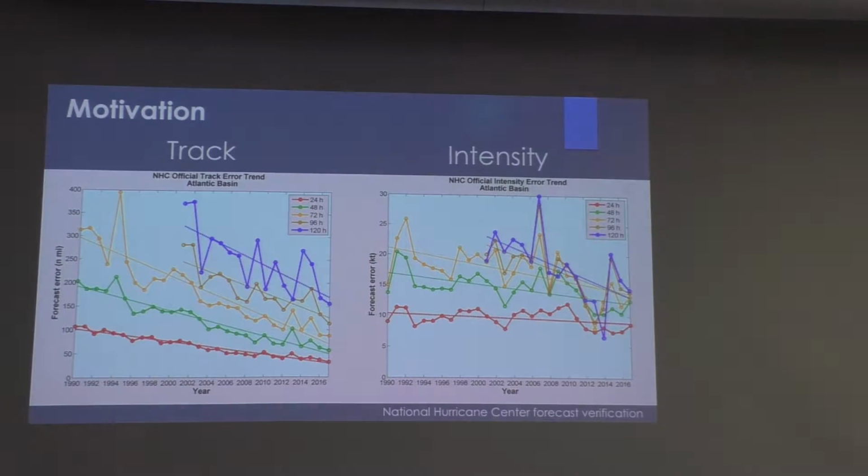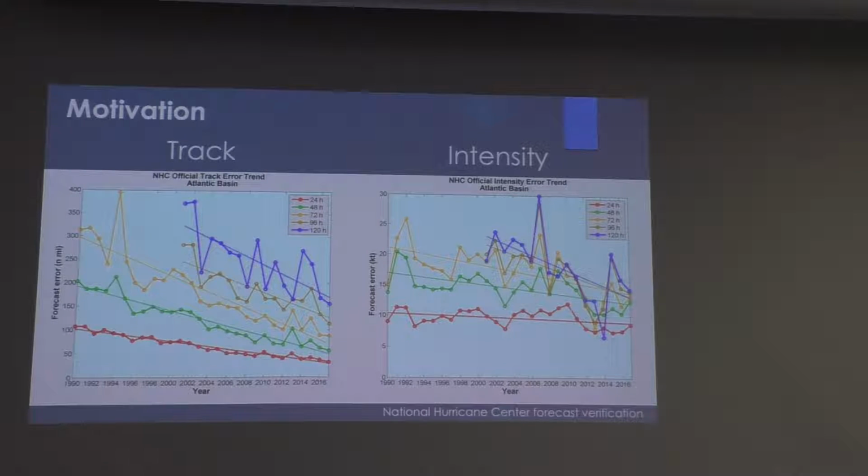But what I'm going to be talking about today is more motivated by the fact that the forecastability of hurricanes is not great for intensity. We've seen continued improvement in track forecast errors. However, we haven't seen that same improvement in intensity, and this is due to a number of reasons.